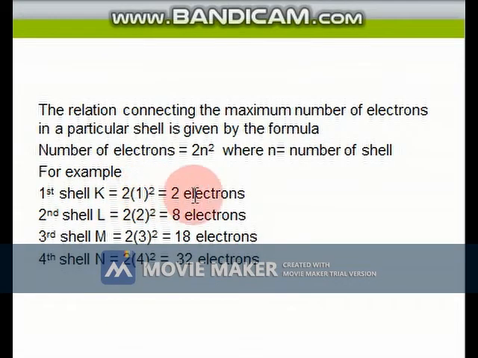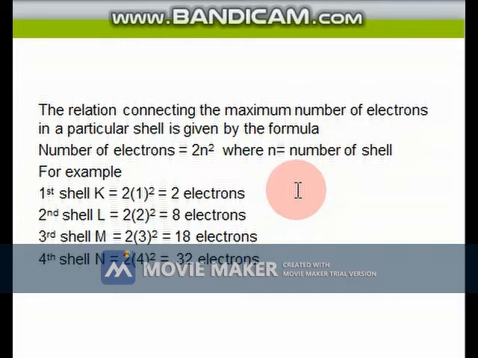So we proceed. The relationship connecting the maximum number of electrons in a particular shell is given by a formula, and this formula states that the number of electrons is equal to 2n², where n is the number of the shell.